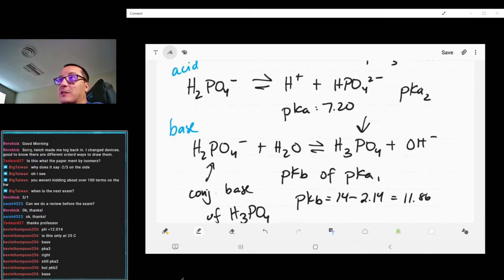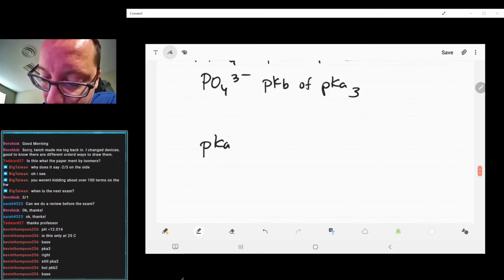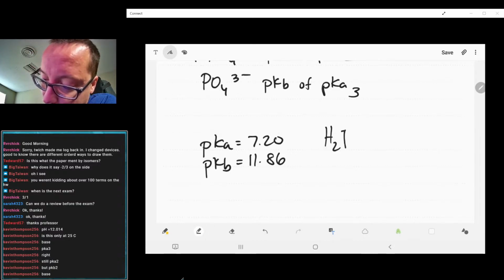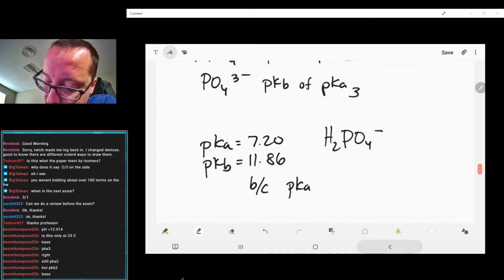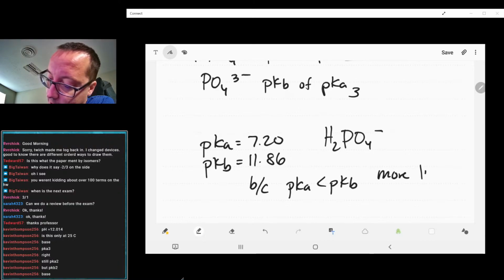We're comparing the pKa and pKb values, right? So 11.86 versus 7.2. I'm glad we finally got something that's slightly confusing. So let's go ahead and look at it again. If the pKa is 7.2, the pKb is 11.86 for this particular ion. Remember, for pKa, we choose the lower one. So because pKa is less than pKb, this will be acidic, or it will be more likely to act as an acid. Let me just write that out instead.